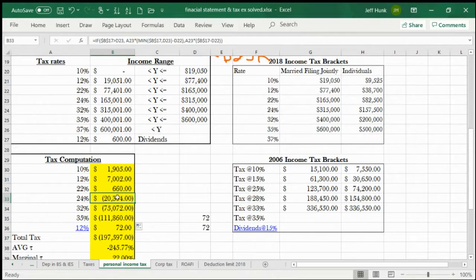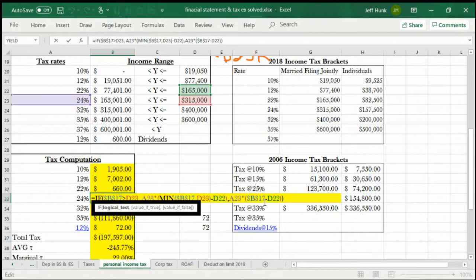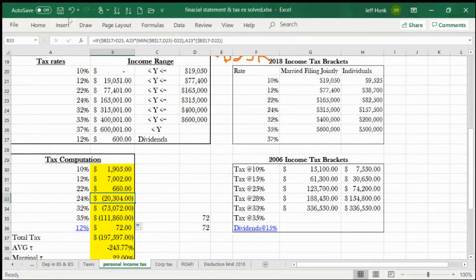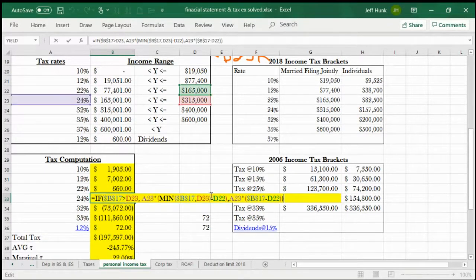Now from here, you might wonder. Oh, you know what? From here, I gotta put 0 here. Why? Think about it. You don't have income in this bracket, but by copying this formula, it automatically put whatever it calculated in this bracket, which then comes to negative.